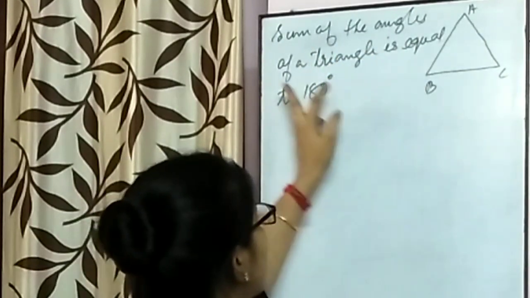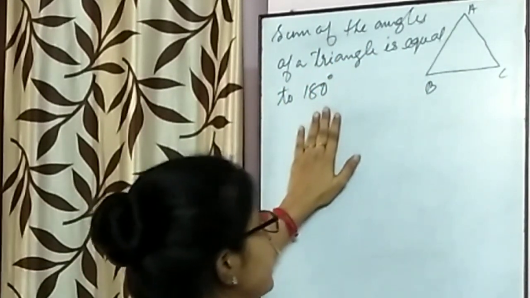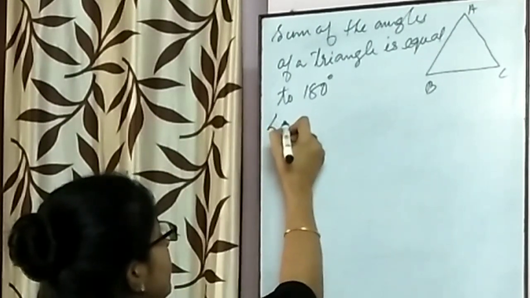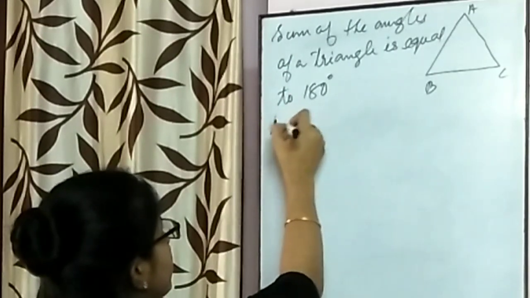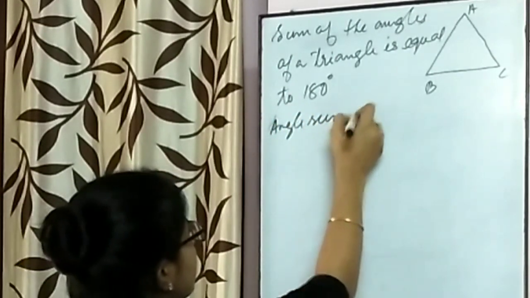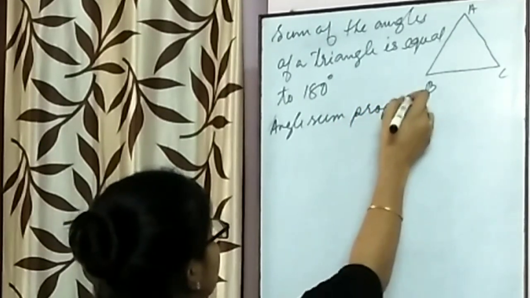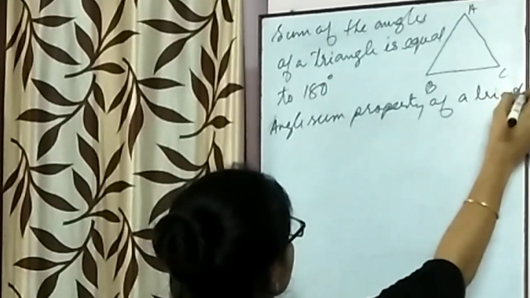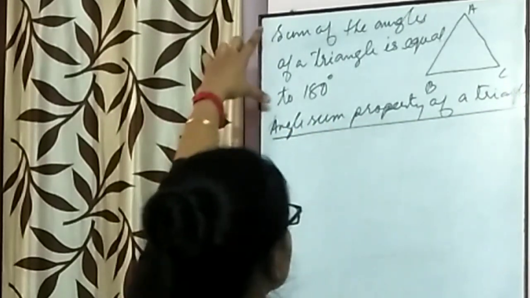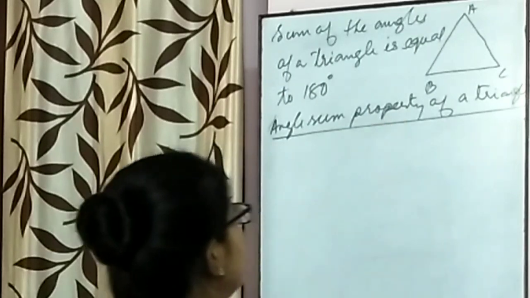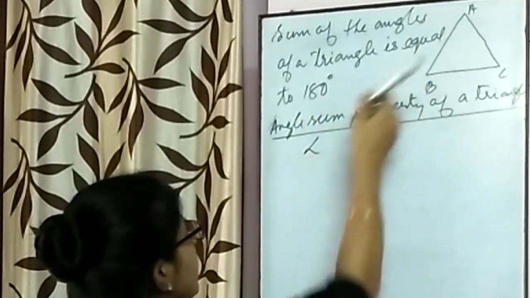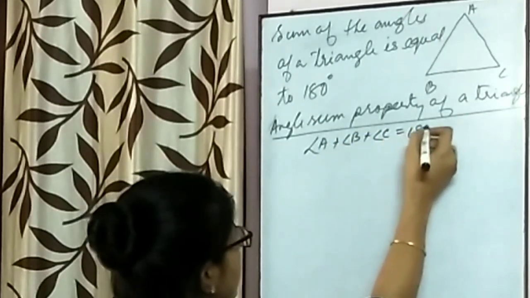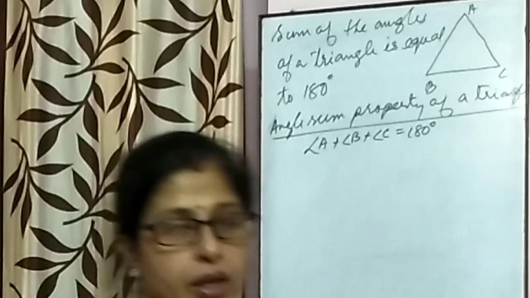Sum of the angles of a triangle is equal to 180 degrees. This property is known as the angle sum property of a triangle. So in this case, A plus B plus C will always give you 180 degrees.